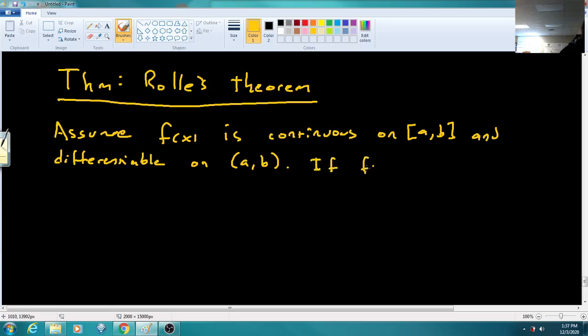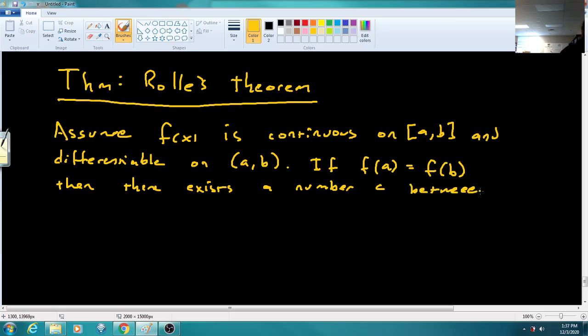If the starting point's y value, f of a, equals the stopping point's y value of the interval, then there exists a number c between a and b such that f prime of c equals 0.